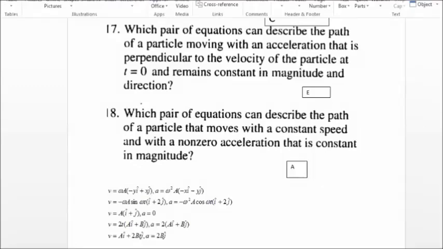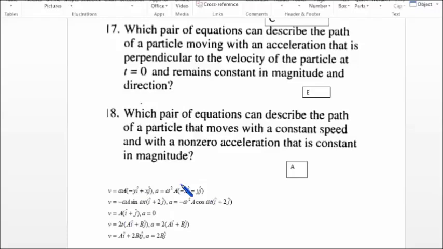Of the two conditions that the pair of equations have to meet, it is simple to verify the condition that the acceleration remains constant in magnitude and direction. So we can check the first pair of equations; the acceleration is omega square times (a minus xi minus yj).